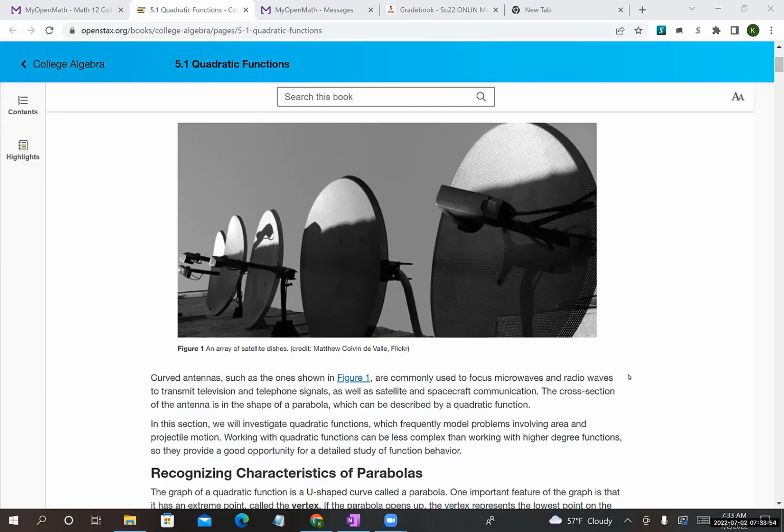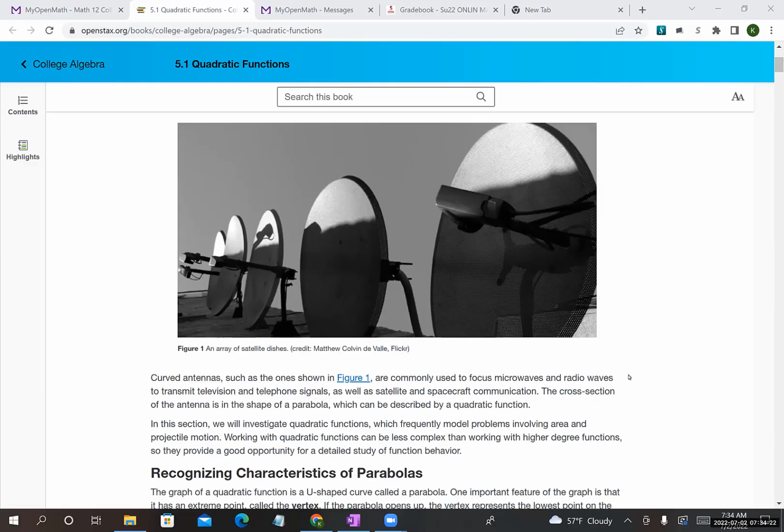Sometimes quadratic functions also model revenue or profit functions in business. They are also used to model problems involving area and projectile motion. So there's a variety of applications that require quadratic functions.